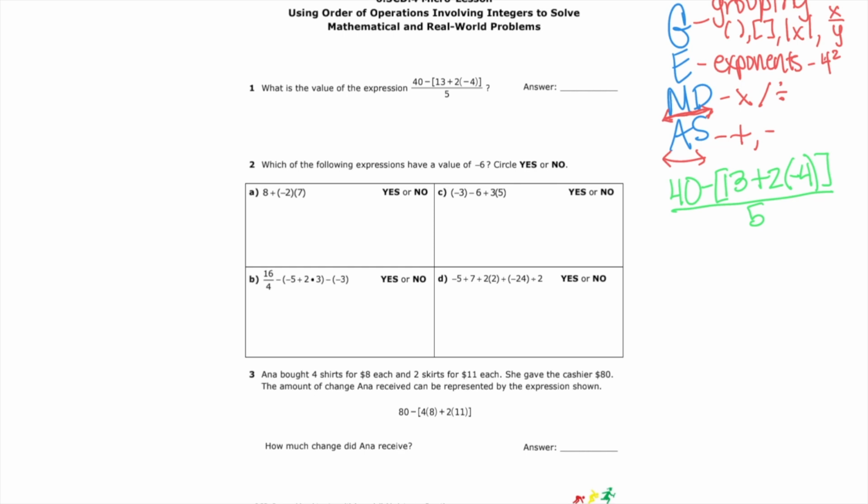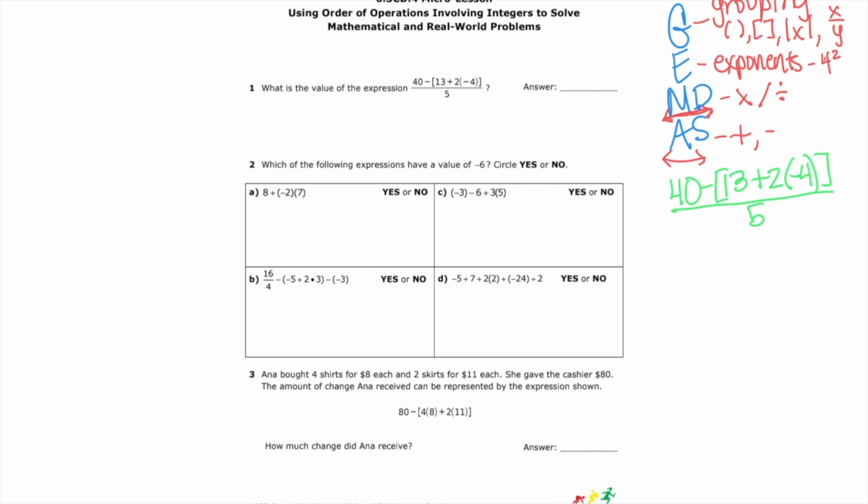Now, you're going to do everything that's together on top first. So we have to look inside of our brackets, and inside our brackets you see that set of parentheses. The parentheses don't mean that you do that first here. They mean that you're going to multiply.